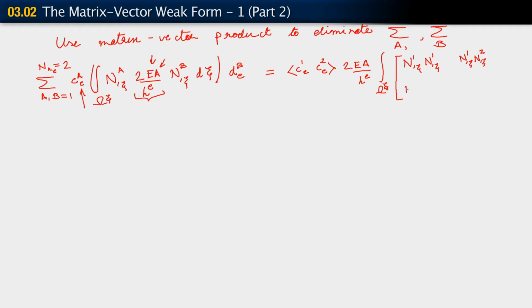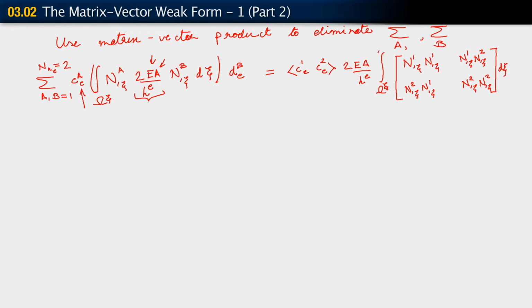It's symmetric, but let me write it out in detail here. N_2 comma xi, N_1 comma xi, N_2 comma xi, N_2 comma xi. Okay, that's the matrix integrated with respect to xi.